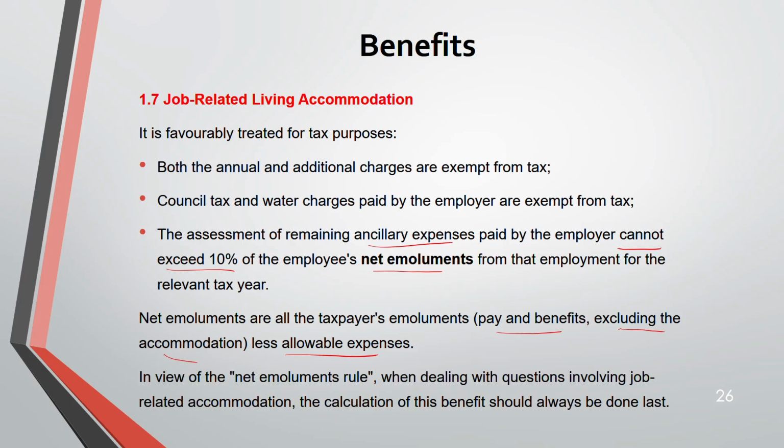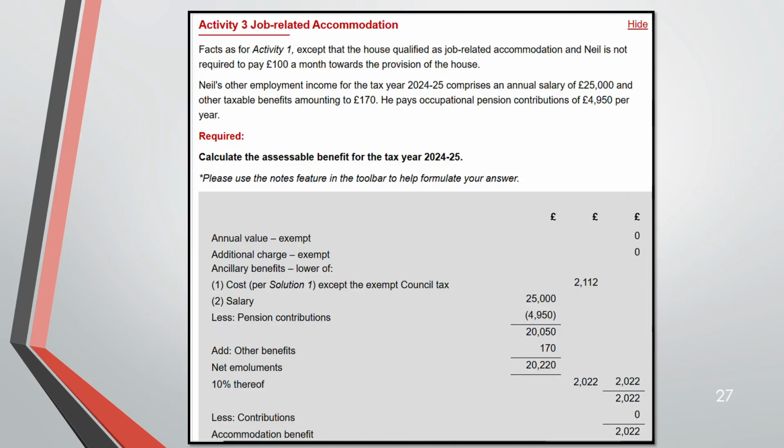So, in view of the net emoluments rule, when you're dealing with questions involving job related accommodation, the calculation of this benefit should always be done last. Remember, job related accommodation, this benefit should always be calculated last. Now, activity 3.